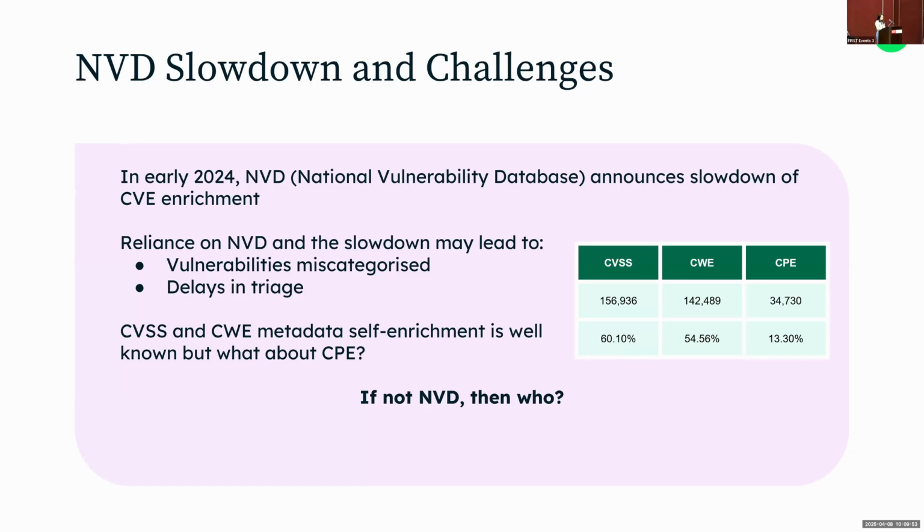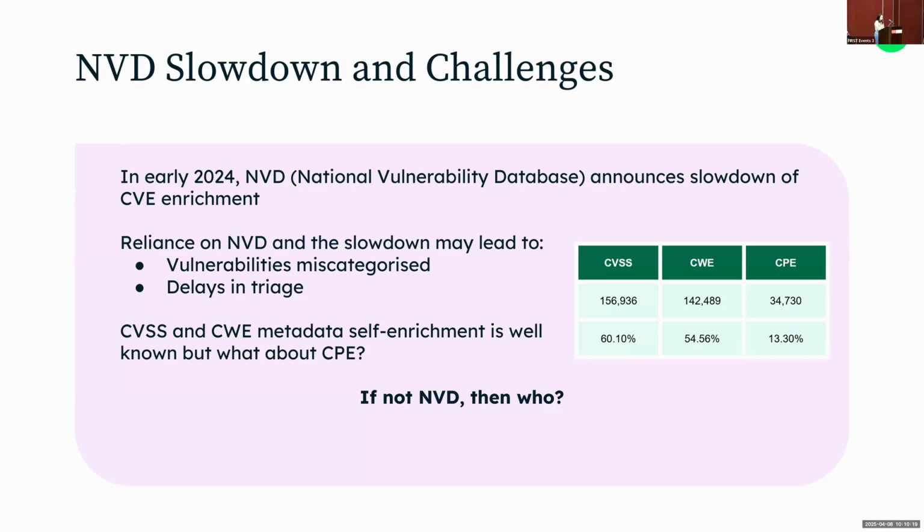However, CPE metadata doesn't get as much attention, even though the JSON schema itself accommodates the publishing of CPEs in them. Now, looking at the table, historically, over 50% of all CVEs have included CVSS and CWE. This is probably because the usage of them in daily operations is more common.